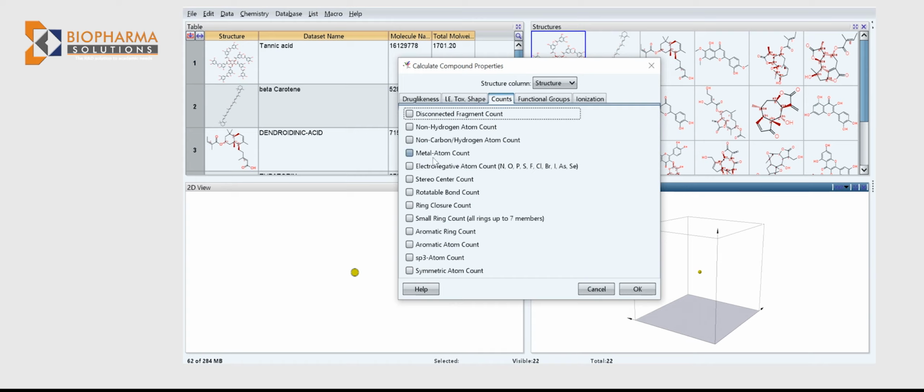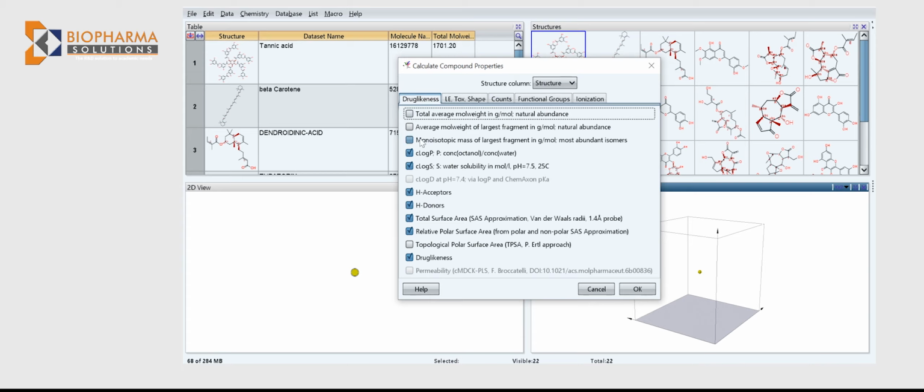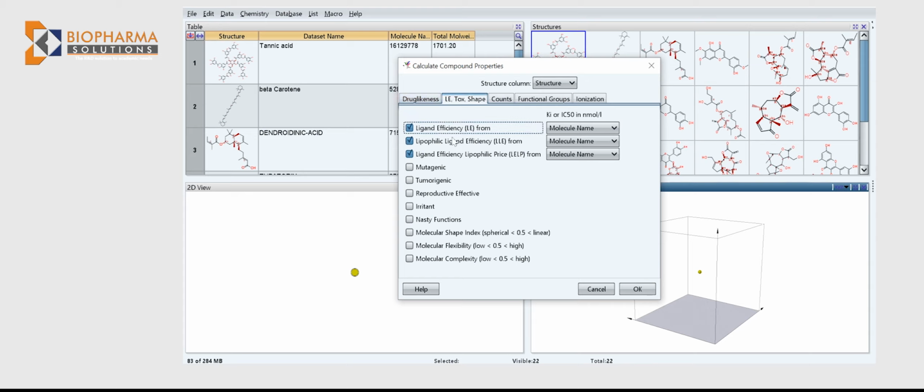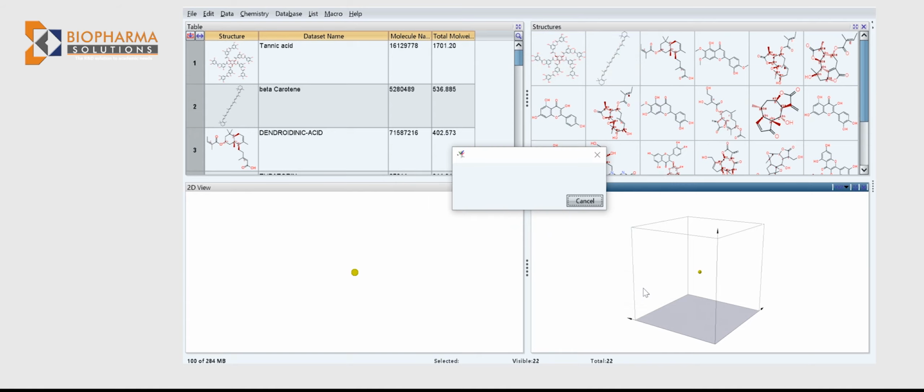If you want, you can generate the non-hydrogen atom count, etc. But we want the drug likeness to be assessed through these descriptors: C log P, C log S, hydrogen bonding acceptor, hydrogen bonding donor, total surface area, polar surface area, and drug likeness. Mainly these three properties we want to add: ligand efficiency, lipophilic ligand efficiency, and ligand efficiency lipophilic price, right? So let us generate them.